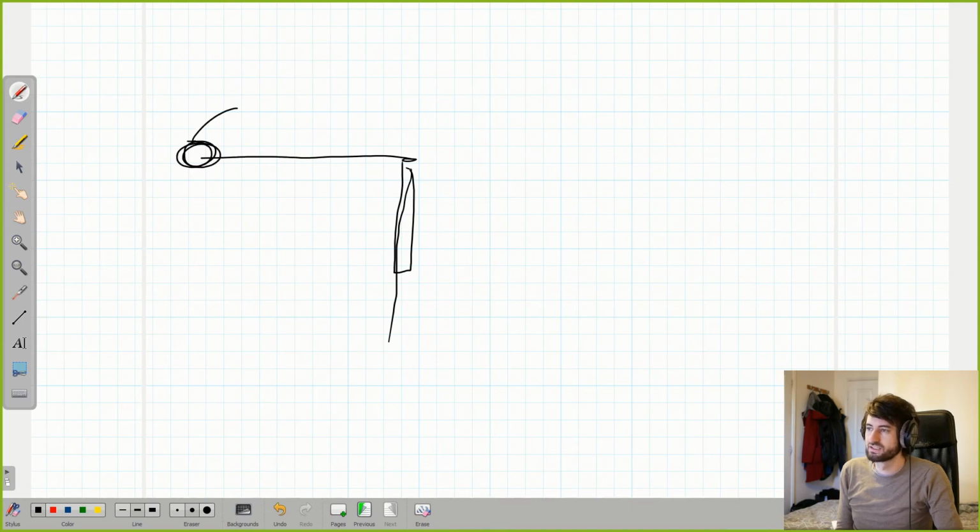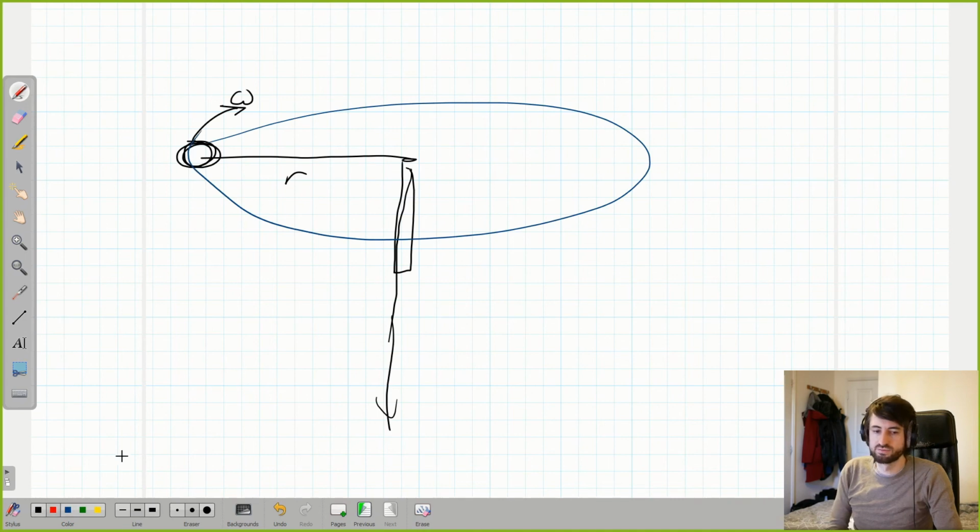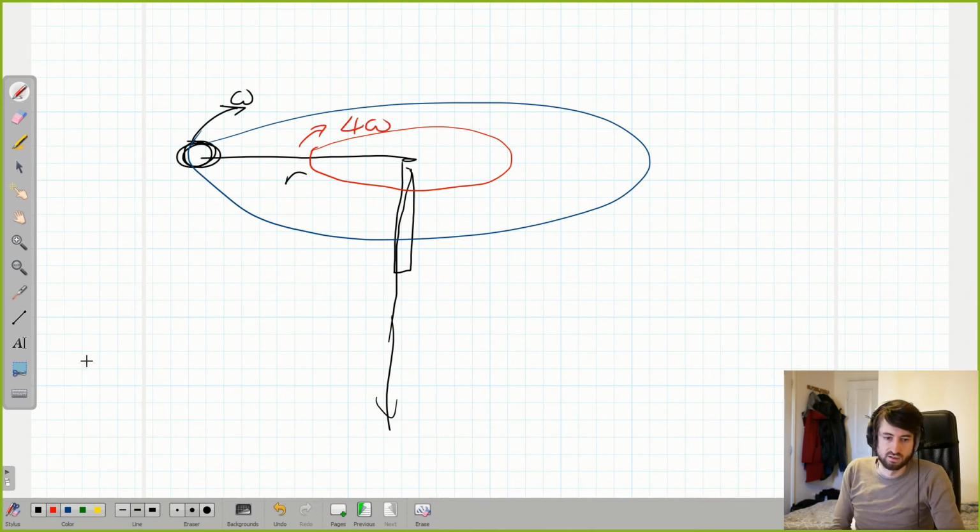It has some omega, and it has some r. If I pull the string down, so the ball moves to here, before it was moving in a circle like this, and now it's moving in a circle like this. It's actually now going to rotate at 4 omega because I've halved r.